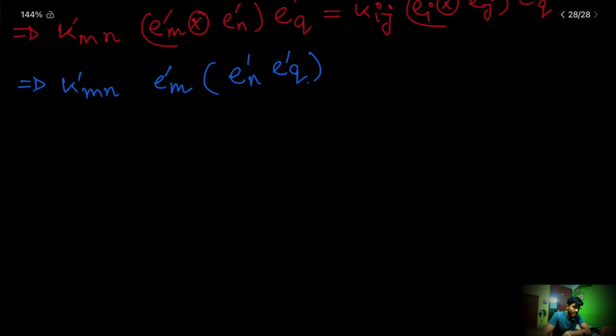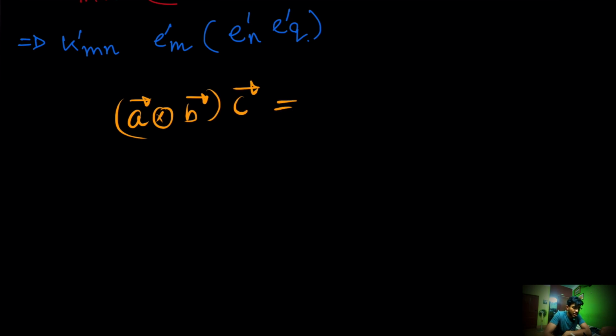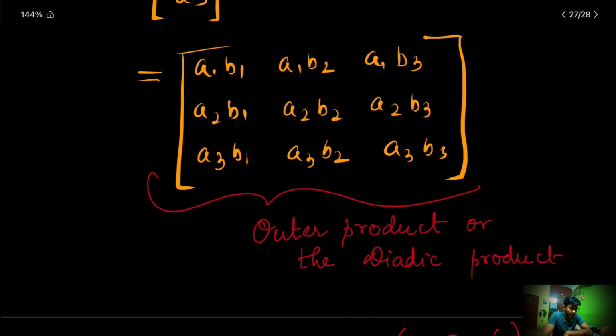So basically there is a property, that is A dyadic B into C is equal to A into B dot C. So there is another very interesting fact.